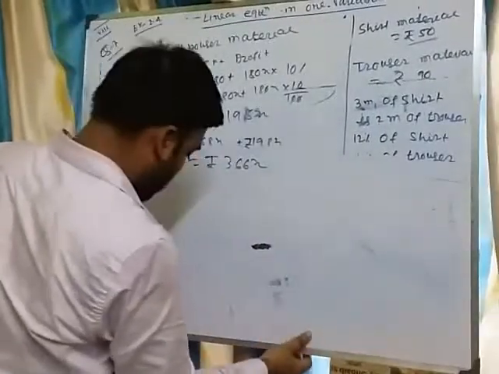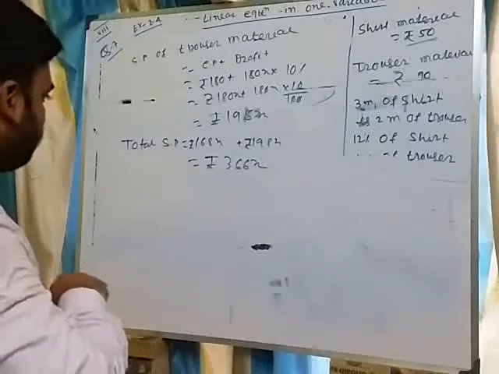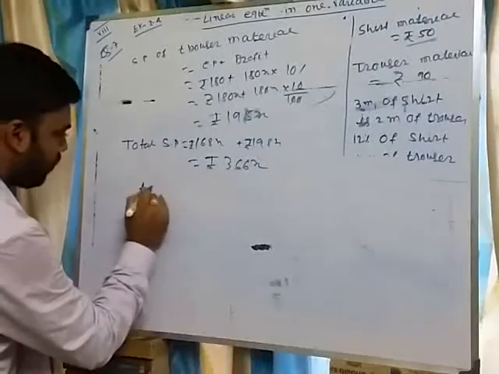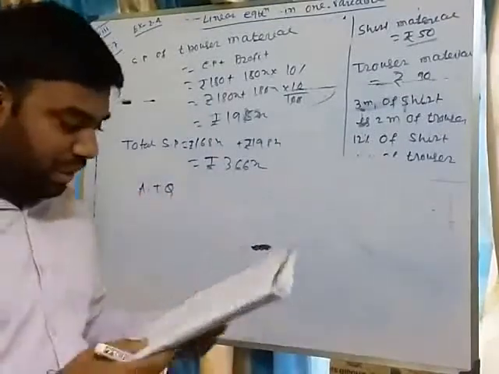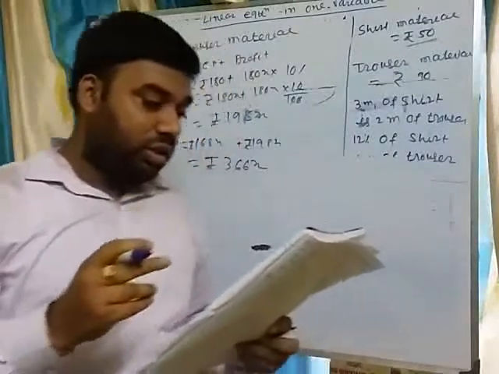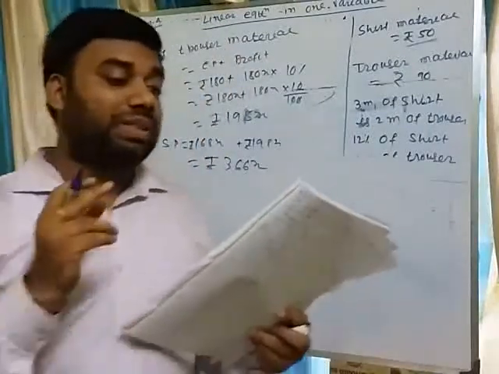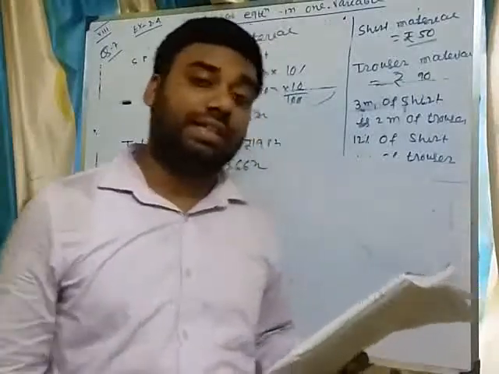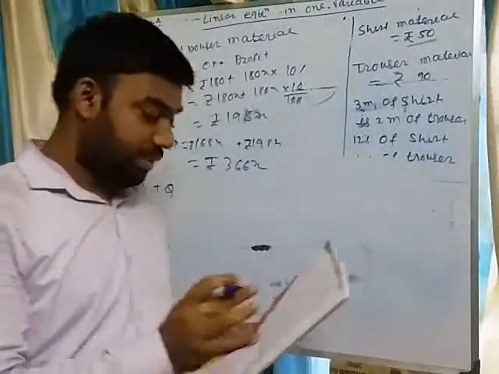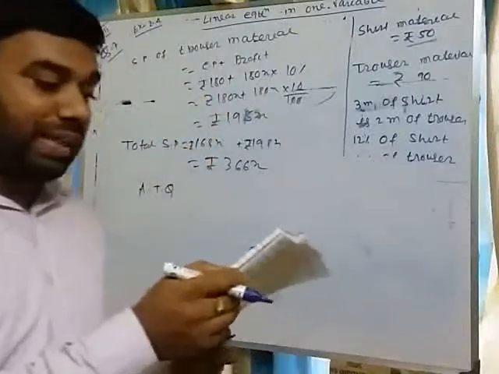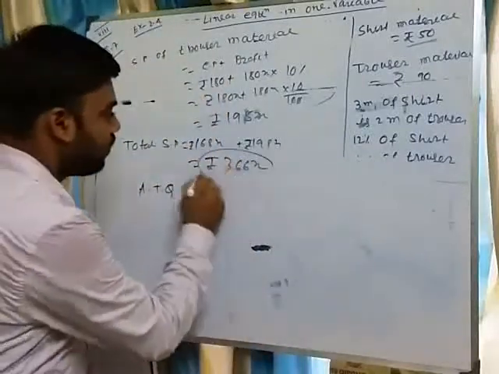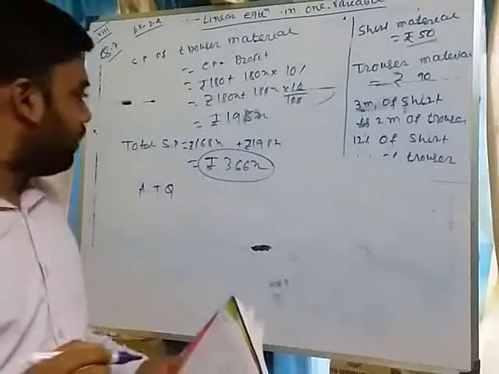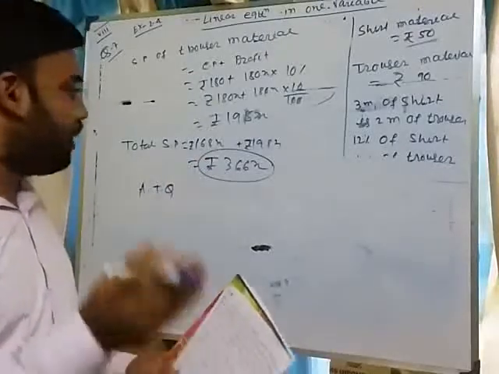Now according to the question, his total sale is rupees 36,600, that amount is the selling price, and 366x is also the selling price.